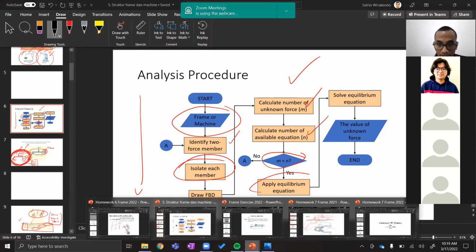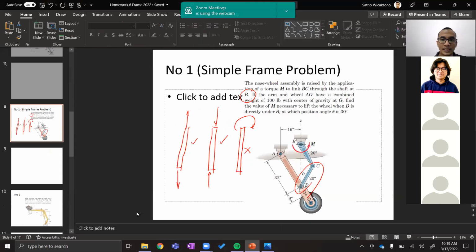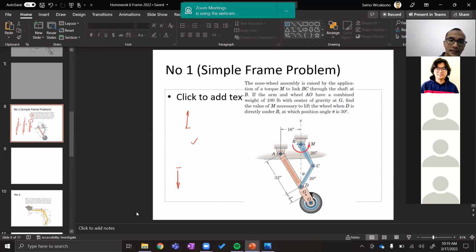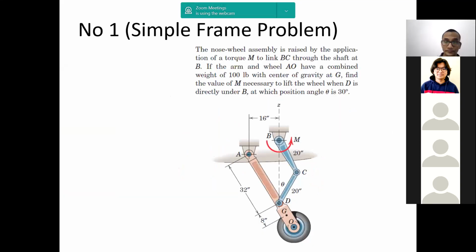So that's the first thing we're supposed to do here: determine which part is a two-force member. In this case, CD is a two-force member. When we know that CD is a two-force member, what are we supposed to do next, Randy? Isolate the member.